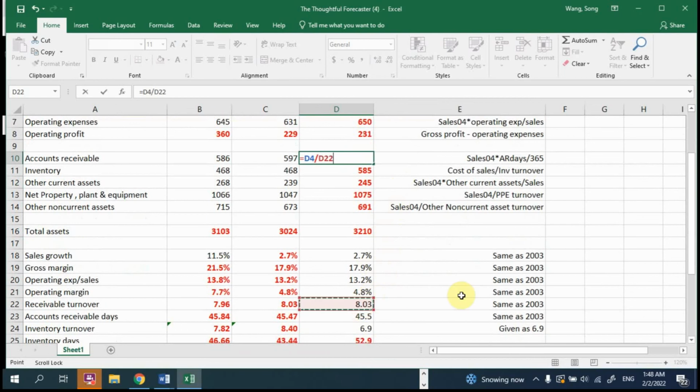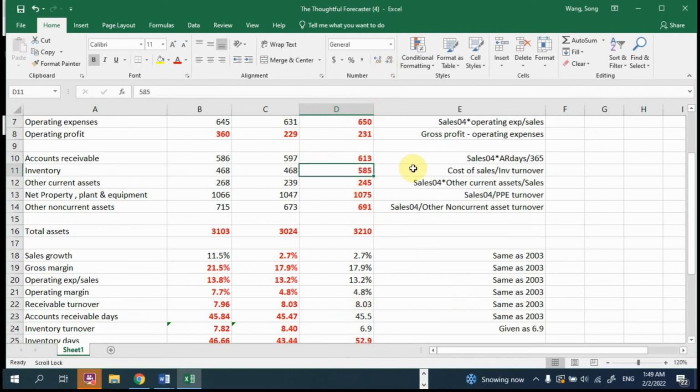It's like knowing A plus B equals C, then we use A and C to solve for B. Or we know A times B is C, then we use A and C to solve for B. So that's how we perform this task.